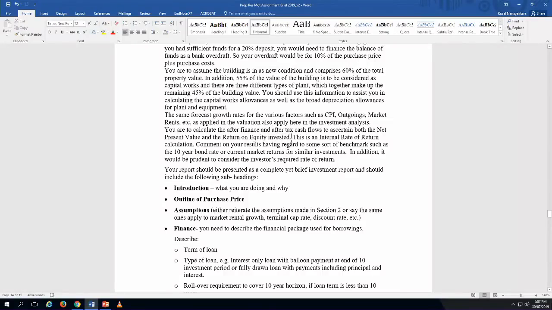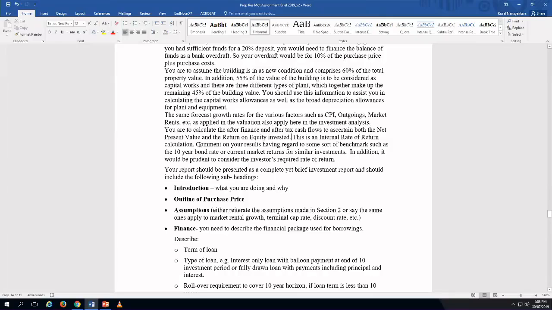How much is equity? 20%. 20% the amount you had. So how much return do you get on your 20%? That's called return on equity invested. Right. This is an internal rate of return calculation, different.